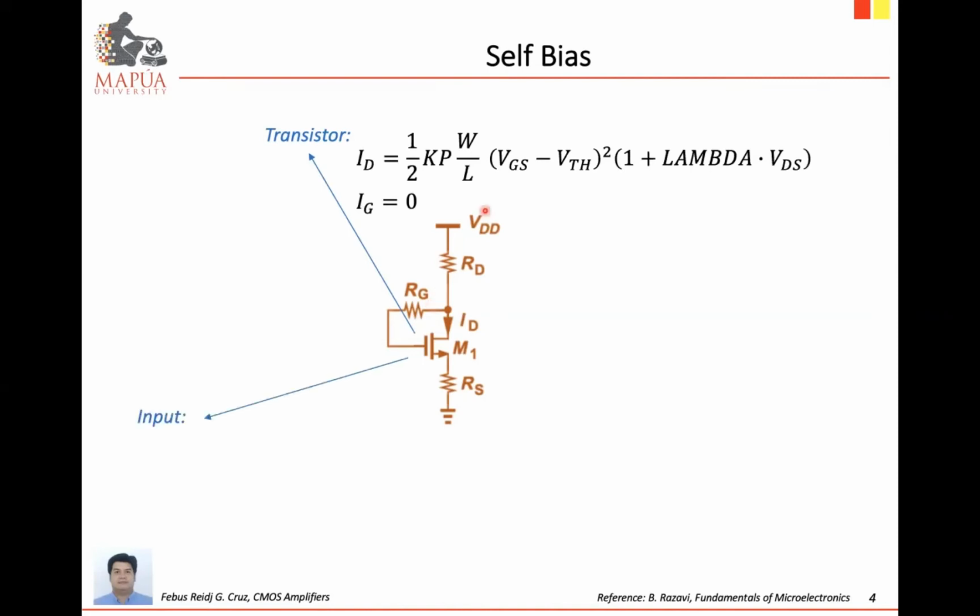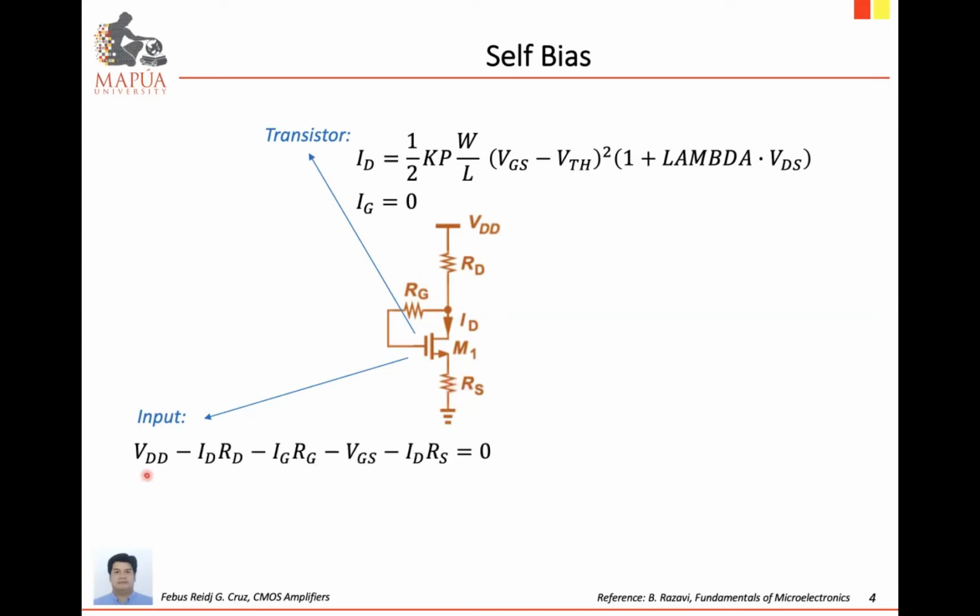Then at the input, we can have the voltage loop. That would be VDD, minus the current times RD, and then minus the voltage drop across RG, and then minus VGS, and then minus the voltage drop across RS.